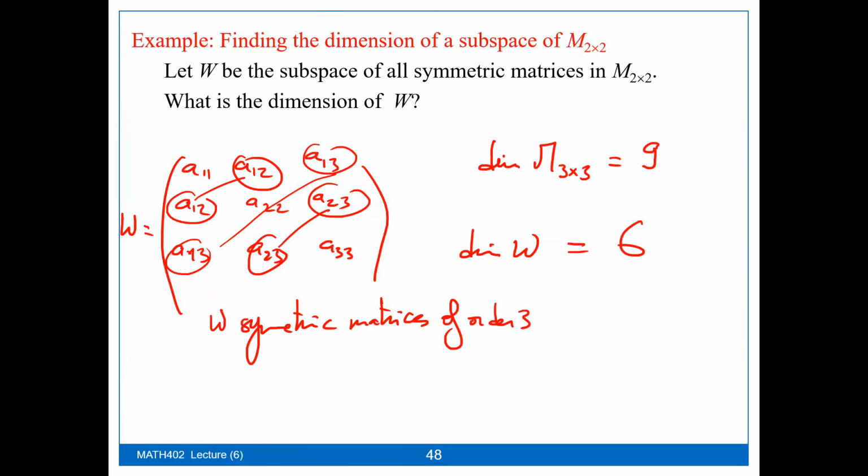Okay, a subspace of dimension 6 in a space of dimension 9. Clear. So here a base of W has 6 vectors, 6 symmetric matrices that build the whole W. For example, you get a 1 and zeros, this is one example of the six, and another one like this, with the 1 here, another with the 1 here, and another with the 1 here. You have six to build the whole W.